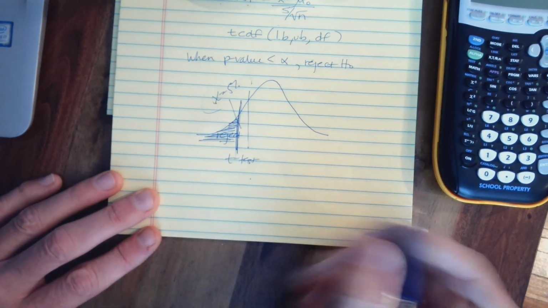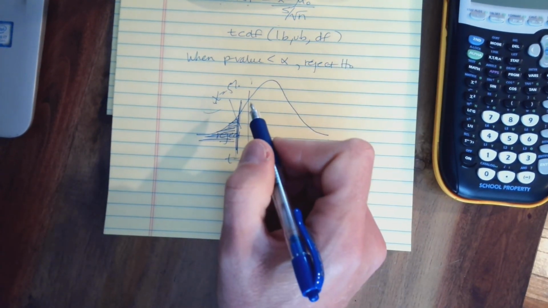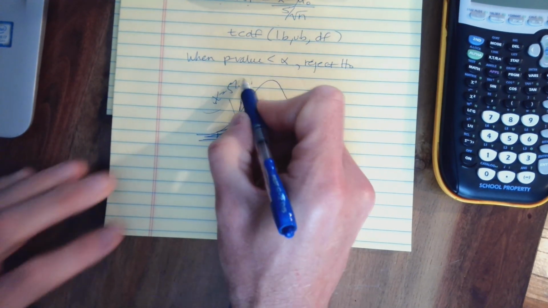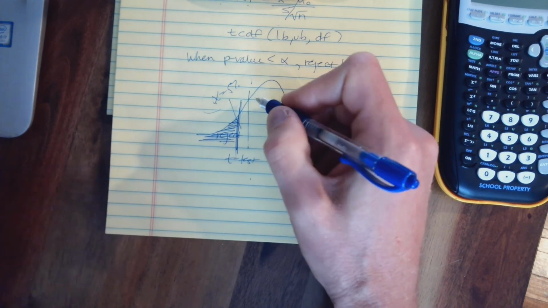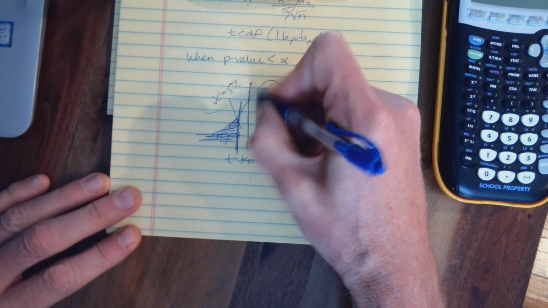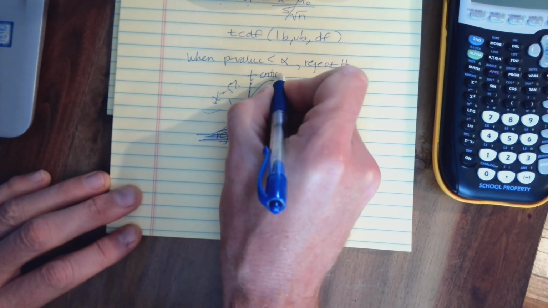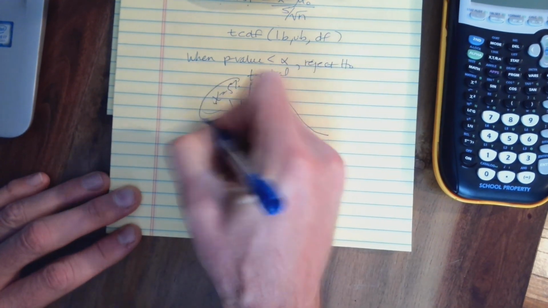I'm going to reject. Now, notice that the two strategies for testing, whether you're using the critical value method or the p-value method, you're going to get the same result as far as whether you'll reject or fail to reject. Notice that this line, if I'm using the critical value method, the t-critical, where I position that, the way I find that, is based on alpha.